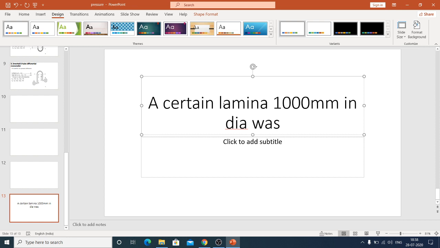In a problematic way they don't ask, but they will ask hydrostatic pressure and center of pressure.